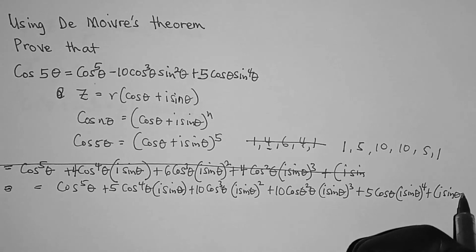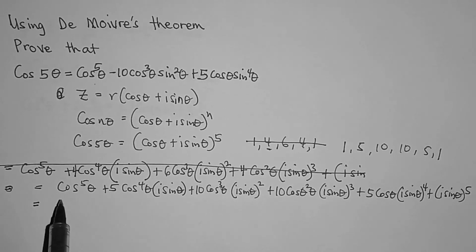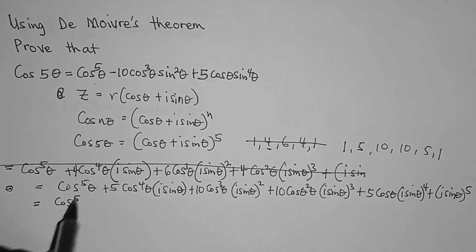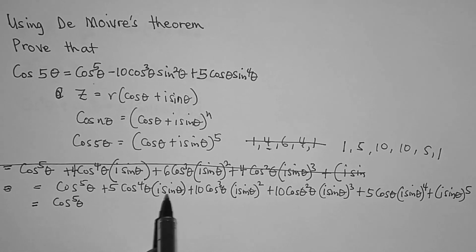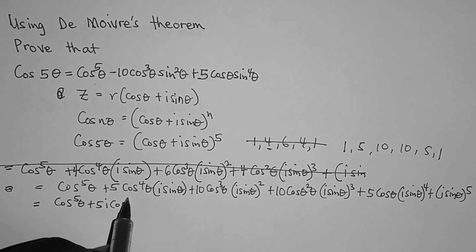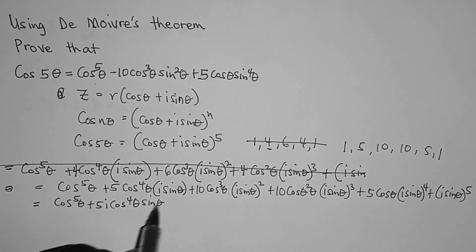So this is equal to, let's break this down, cos theta exponent 5, then plus 5i cos theta exponent 4 sine theta.